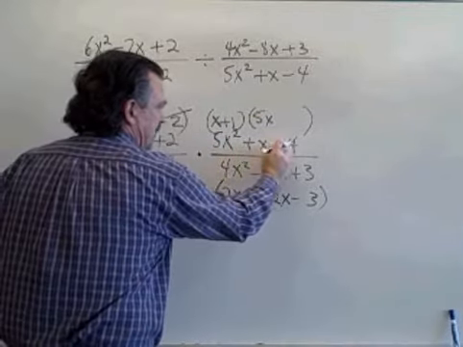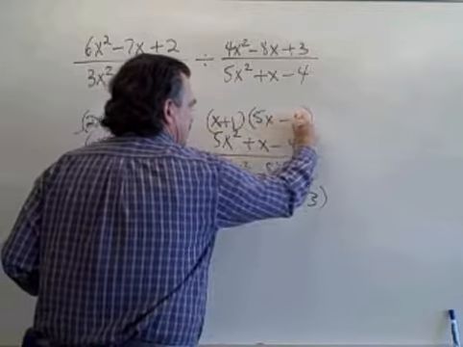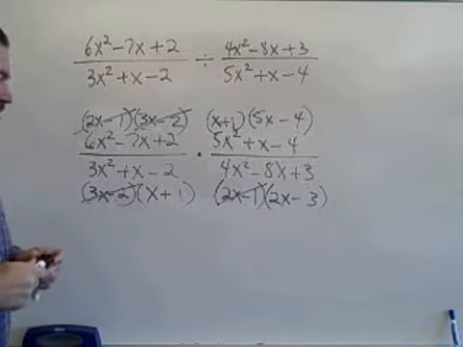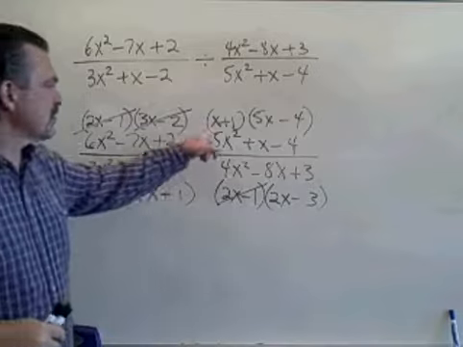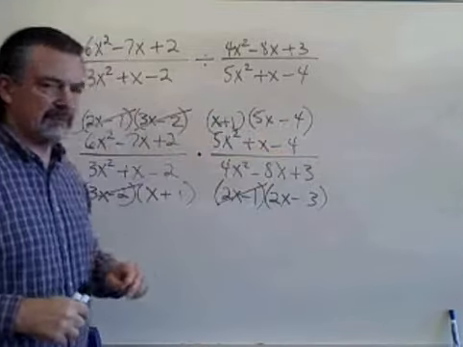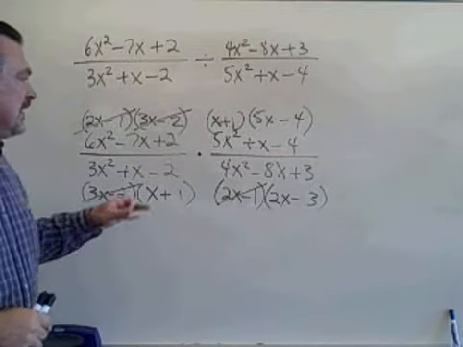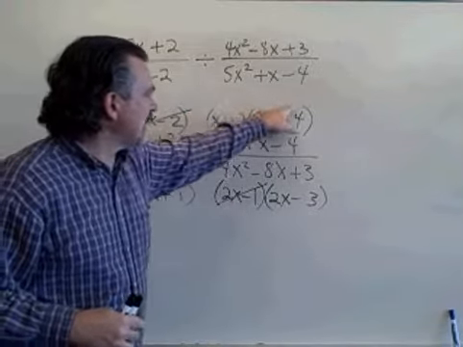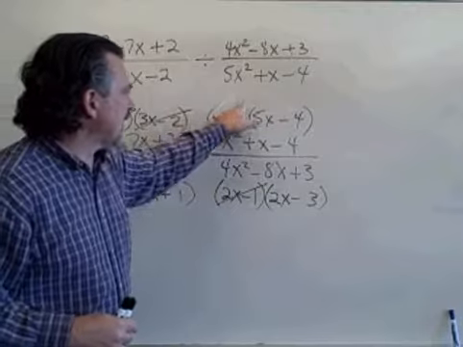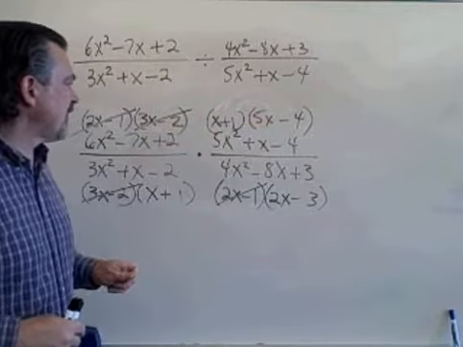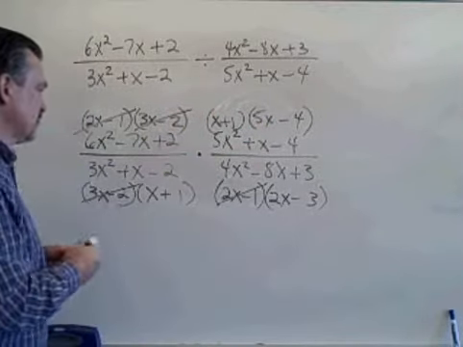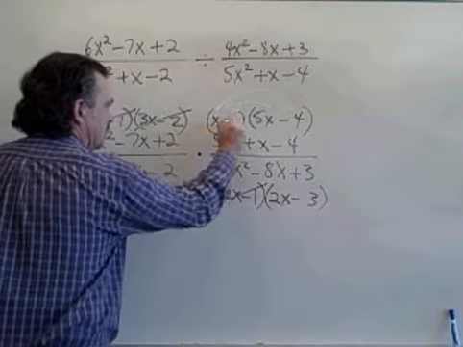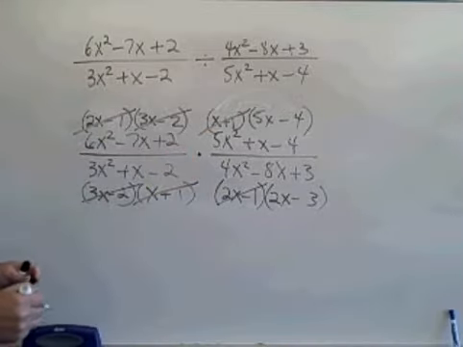And if that's going to be a minus 4, and I've got a plus 1, it's got to be minus 4 in the second position of that binomial. So that plus 1 times minus 4 makes minus 4 under the L-foil. Now let's check the O and the I. The O-foil would give us minus 4x. The I-foil would give us plus 5x, which is plus 1x. And sure enough, the x plus 1 was a common factor that can now cancel.